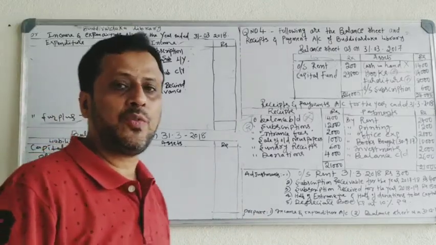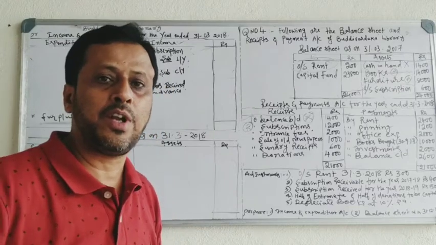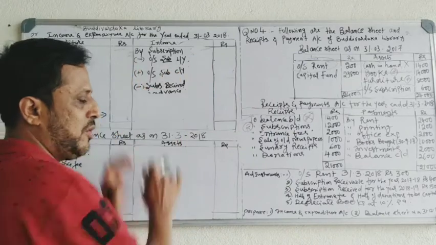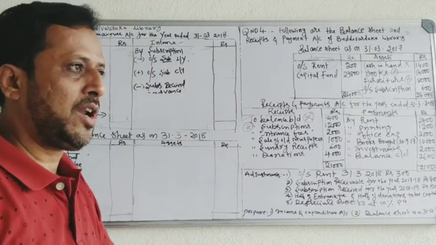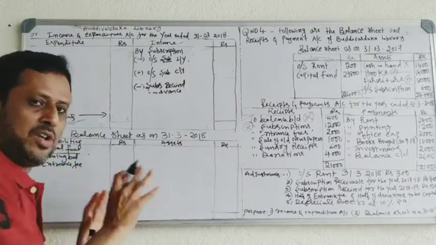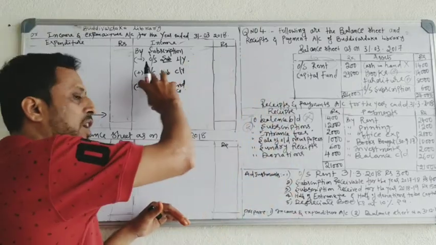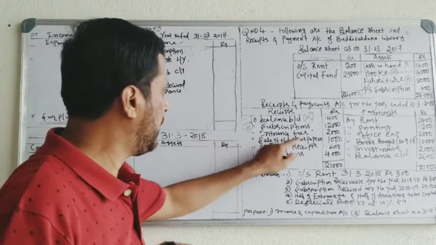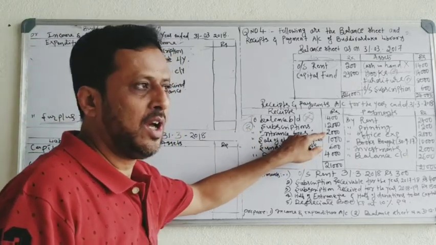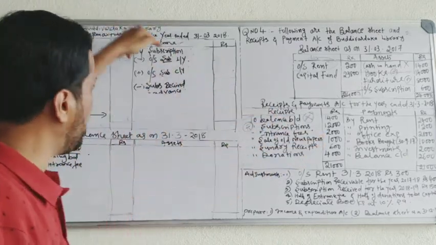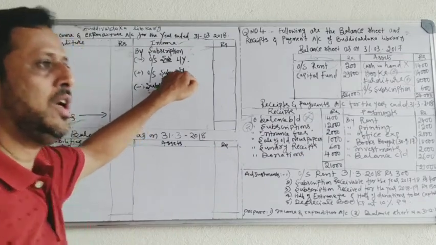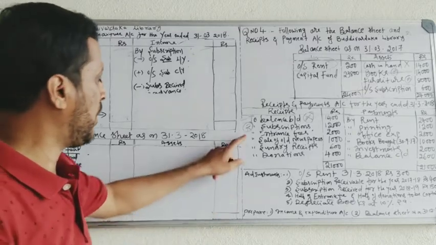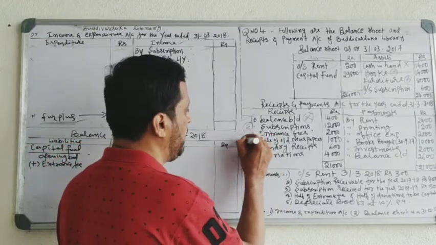The other half entrance fee and half donation you have to take as revenue receipt in the income and expenditure account. Capital receipts you record in the balance sheet; revenue receipts you record in the income and expenditure account. So for entrance fee, the total is 2000. Half of that, 1000, you take in the income and expenditure account as revenue. The other 1000 you take in the balance sheet as capital receipt. So entrance fee is half revenue, half capital.